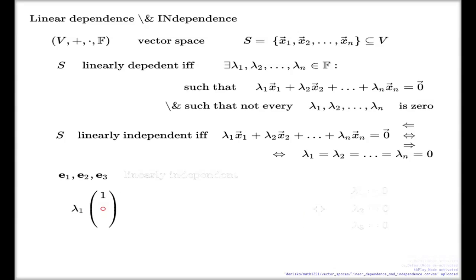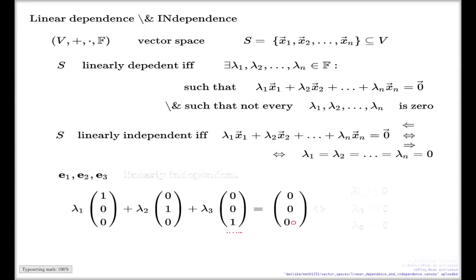Within three-dimensional space, they are linearly independent, because if you build a linear combination of these three vectors, with these the components of E1, these the components of E2, these the components of E3, and equate this combination to 0, I can easily present the substance behind this arrow.